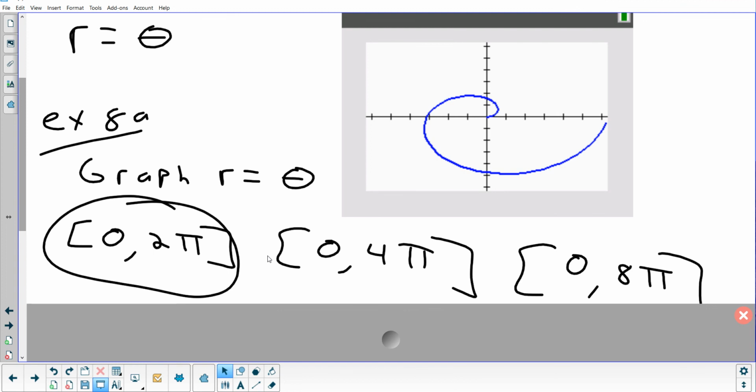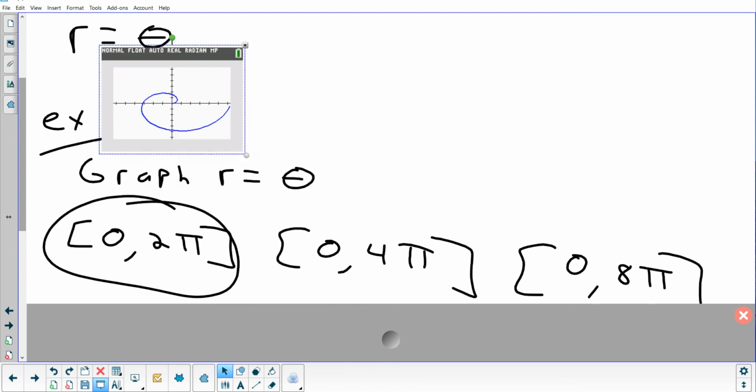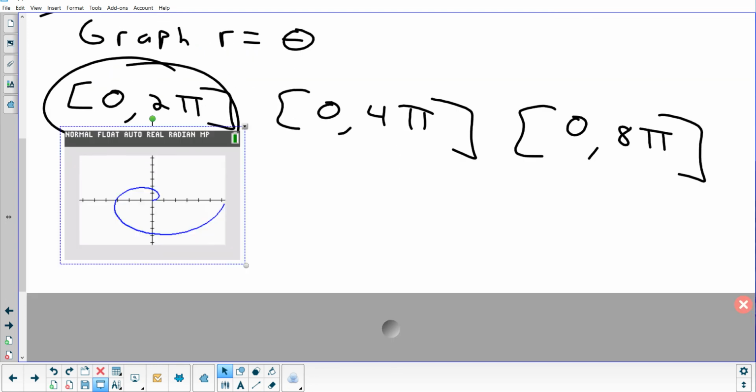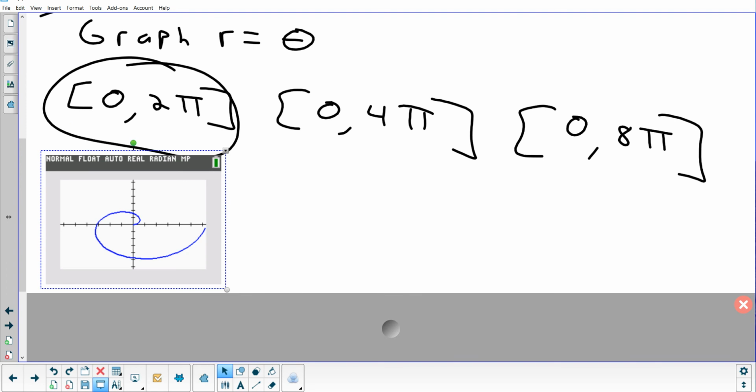Now, what if I do 0 to 4 pi? How's that graph going to look different than this one? Oh, Bailey, what's going to be the difference when I do 0 to 4 pi?